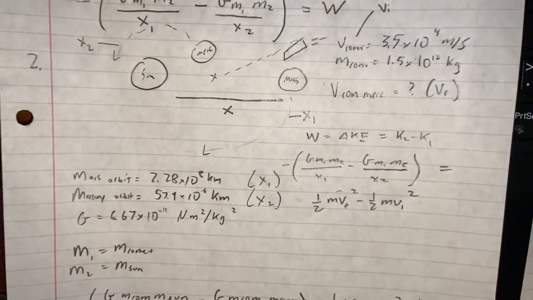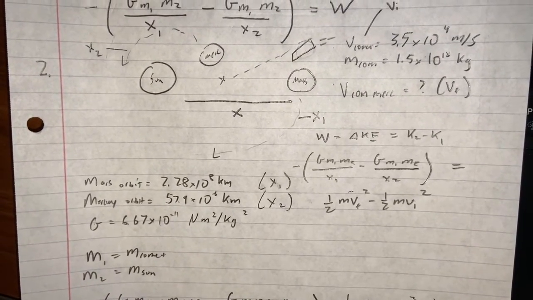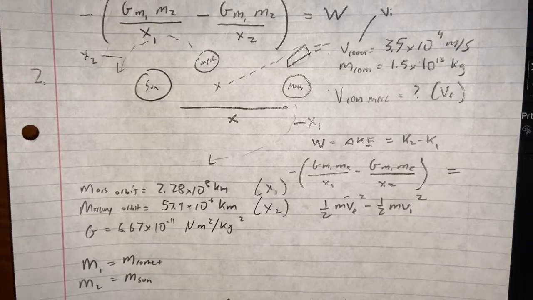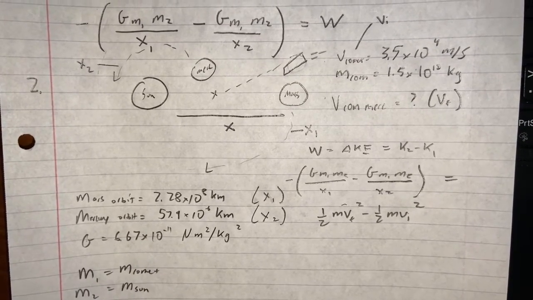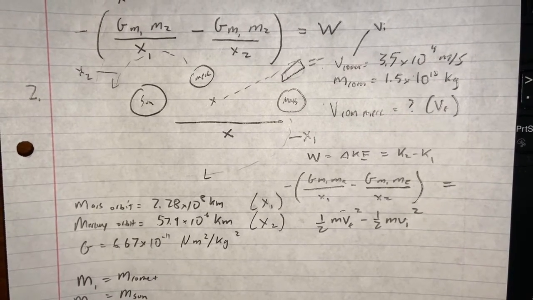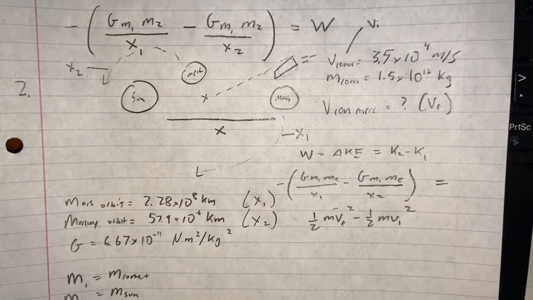So that first distance x1 is equal to the orbit of Mars, and the other distance x2 is equal to the orbit of Mercury.